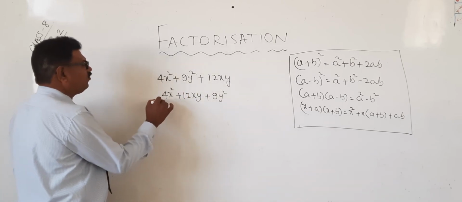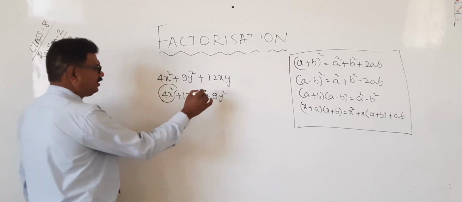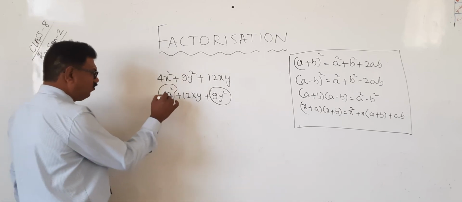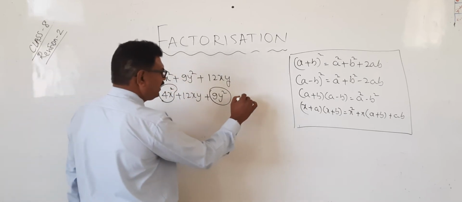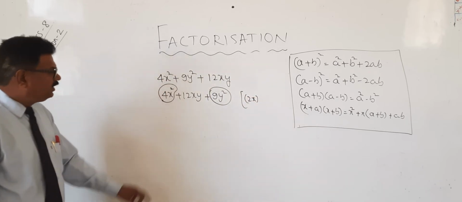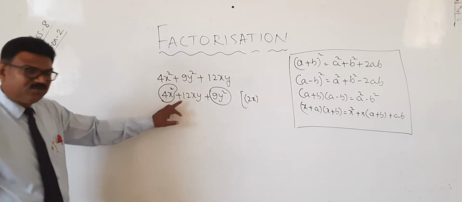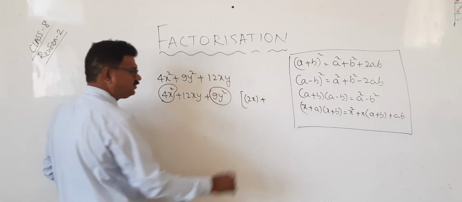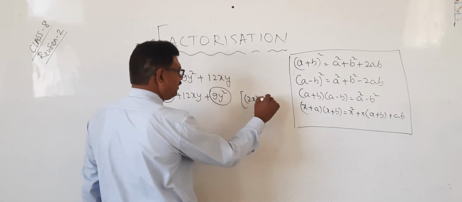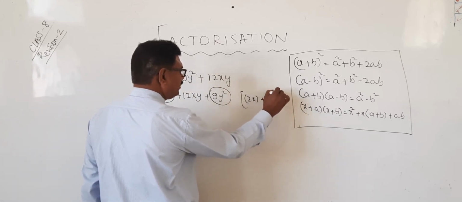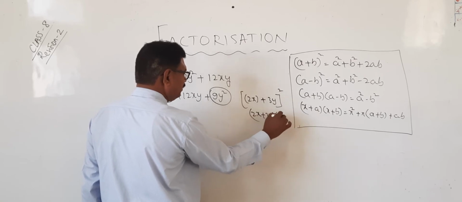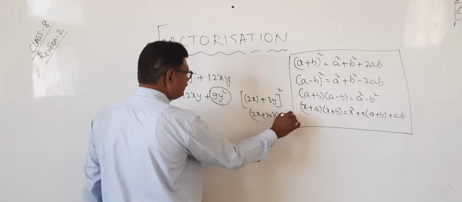Here, 4x square is a perfect square and 9y square is a perfect square. Therefore, what is the square root of 4x square? It is nothing but 2x. Here, is the middle term plus or minus? Plus. Square root of 9 is how much? 3. So it is 2x plus 3y whole square, otherwise you can write 2x plus 3y into 2x plus 3y.